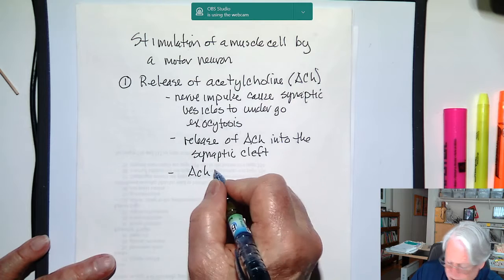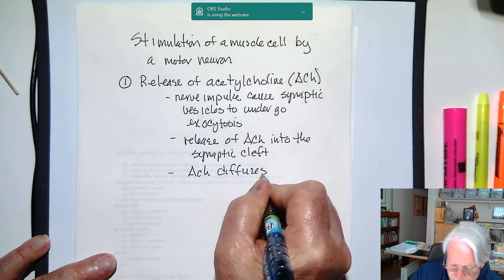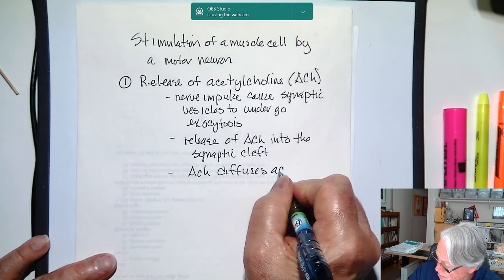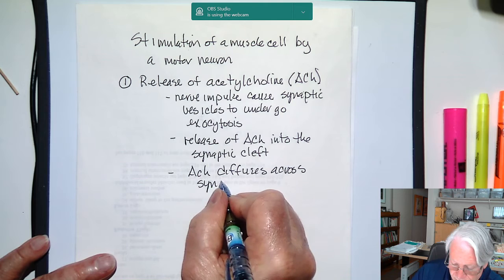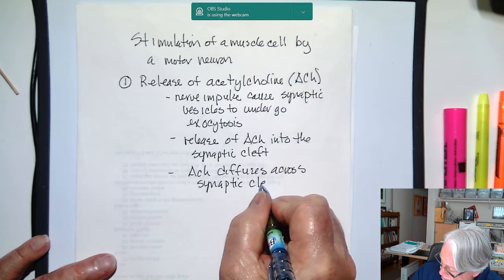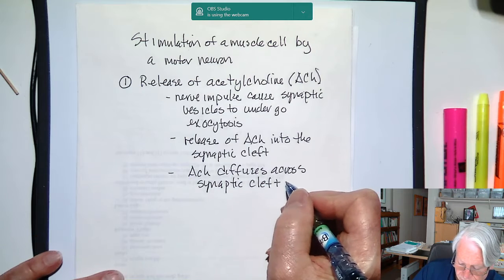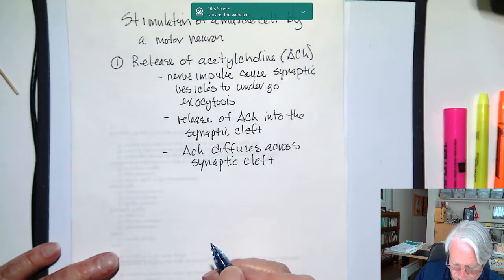Acetylcholine then diffuses across the synaptic cleft and then we're into our next step.